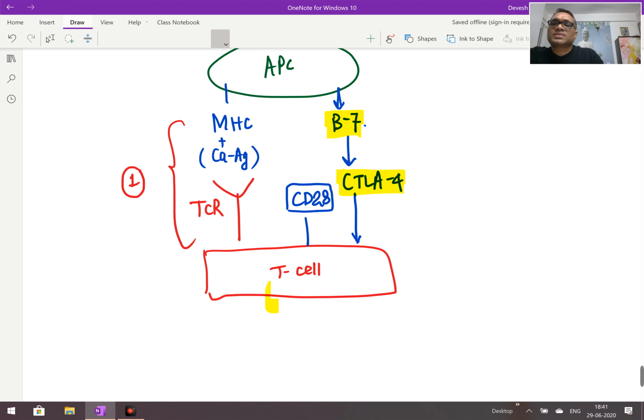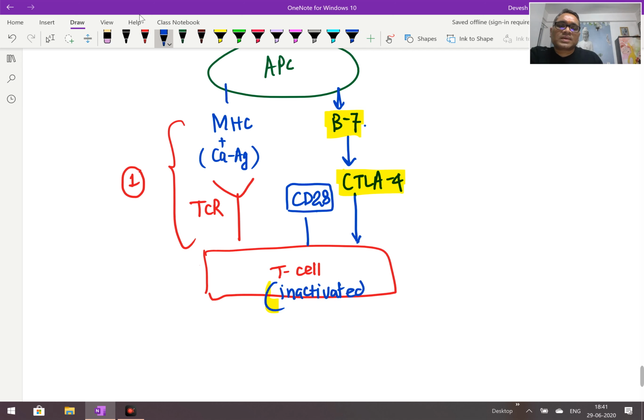So what is happening to this T cell? The T cell is inactivated or inhibited. So they are inactivated, right? Because of this, what has happened? The T cell has been inhibited, right? So the T cell has been inhibited or inactivated. So the scientists thought that if they could prepare some antibody which will combine with this one, right?